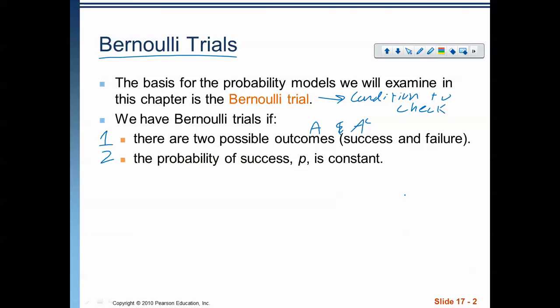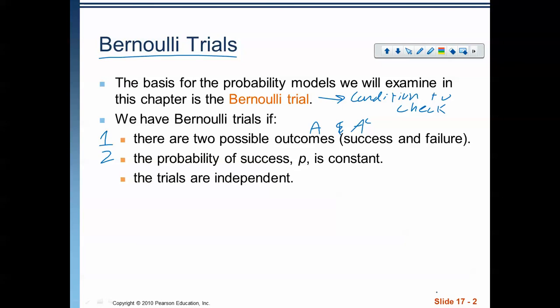But pulling cards probably isn't great. If I pull a card and don't put it back in the deck, I don't have a consistent probability of success. If on the first draw I pull a heart and set that card aside, the probability that I draw a heart is different now. So it's not a Bernoulli trial at that point, because the probability of success would not be constant.